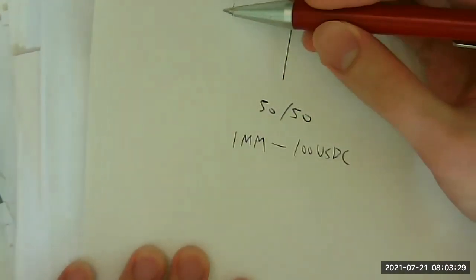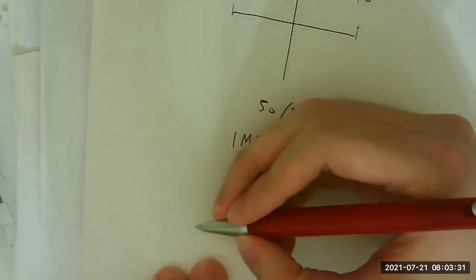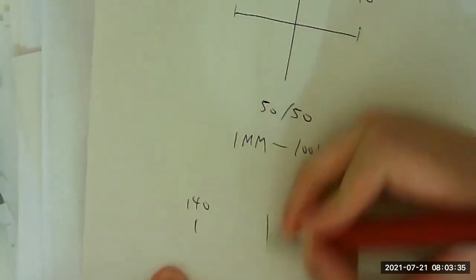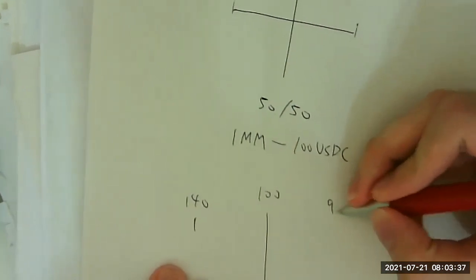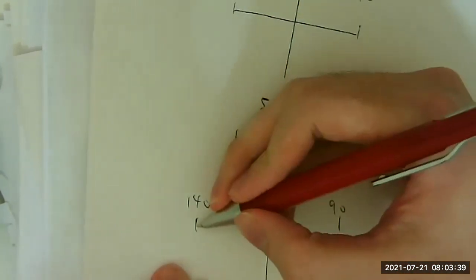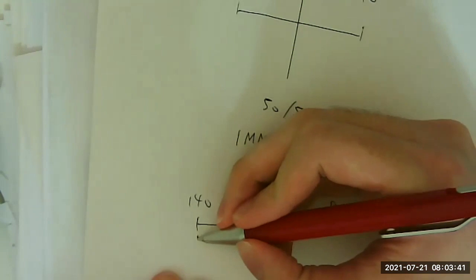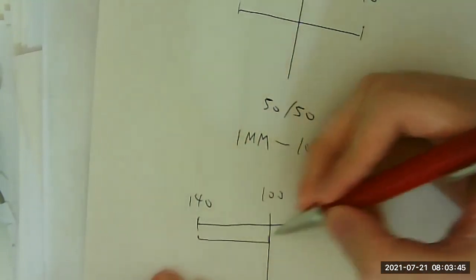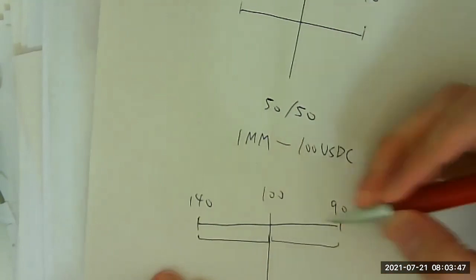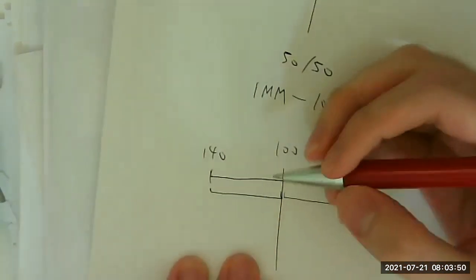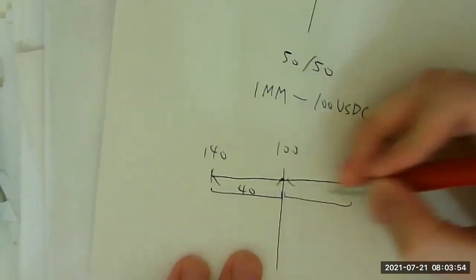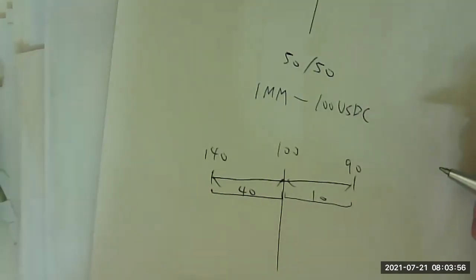Well, if you set a much higher maximum, let's say 140, and that's the current price, and you keep the 90 as the minimum, then this part will obviously be much larger than this part. Sorry, I didn't draw it well, but this part will be 40 and this part will be 10, right?